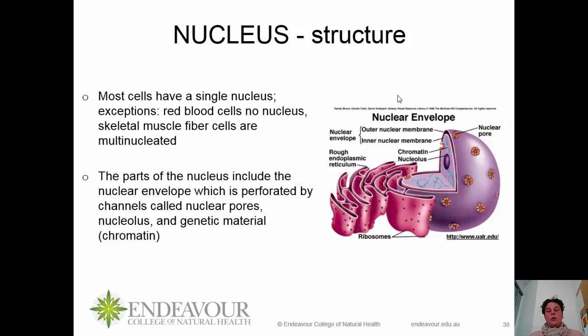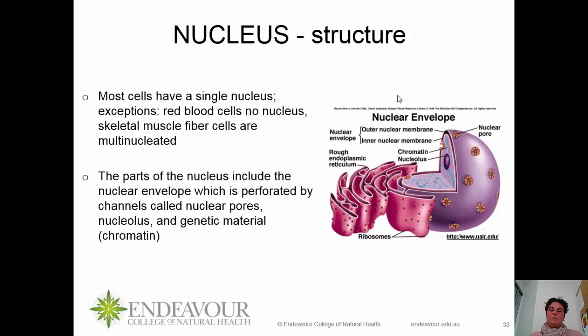Inside the nucleus you will find genetic material, or DNA, or chromatin. All of those are synonyms, so they all mean the same thing. Genetic material is DNA, and DNA, when it's nice and stringy looking, is called chromatin.